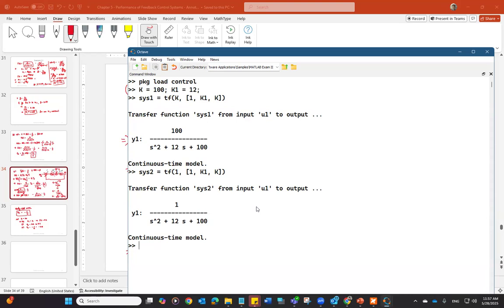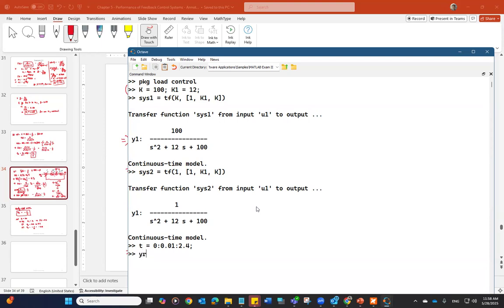2.4 is okay, I guess. So my time is 0 to 2.4 in steps of 0.01, up to the settling time. So let's go ahead and first do the step response. I'm going to do my y due to r.